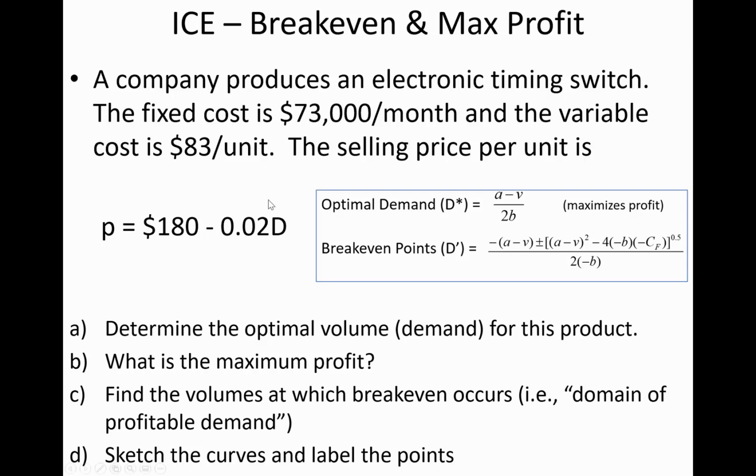We have a curve here that describes the relationship between price and demand. We know that the only lever you can pull as a producer to generate demand is lowering prices.